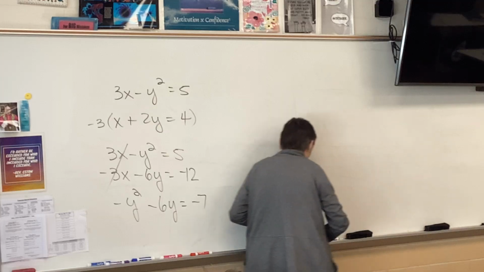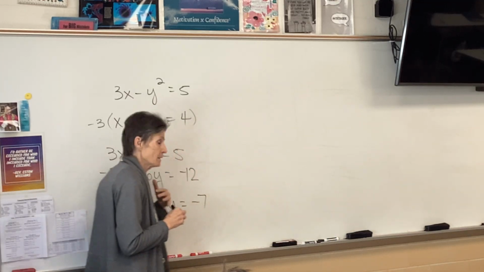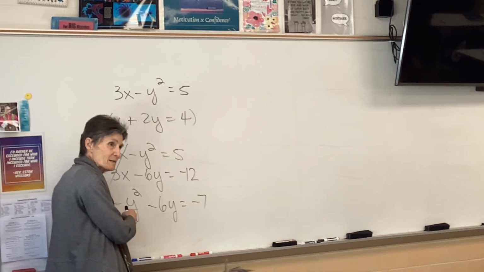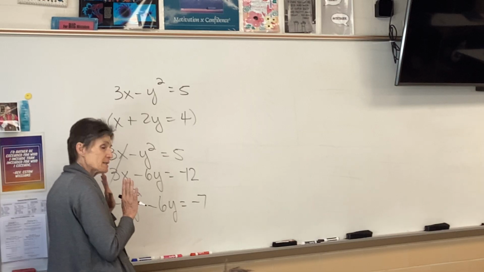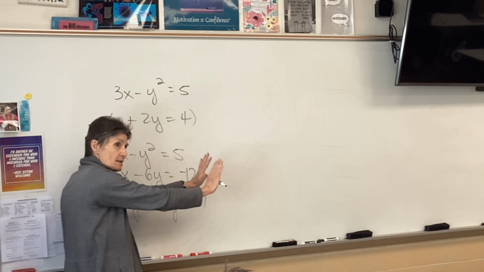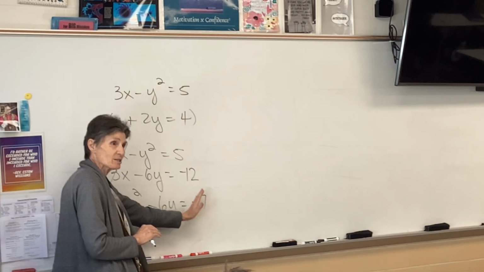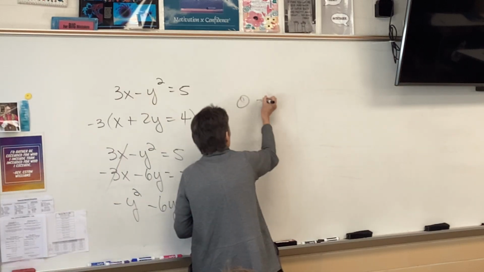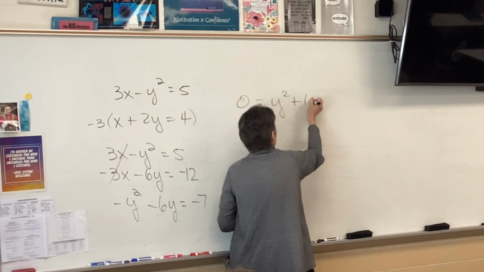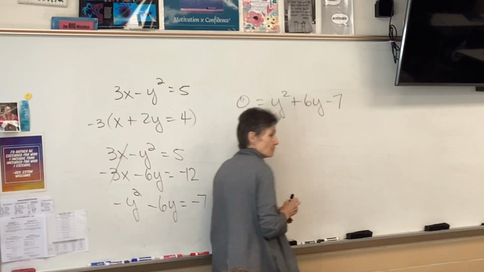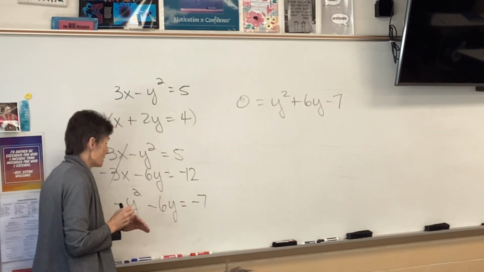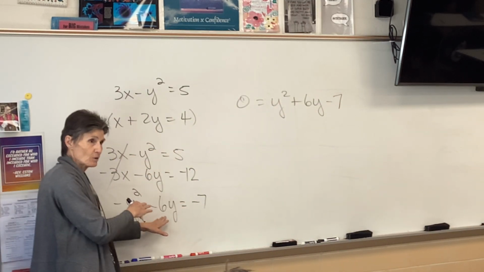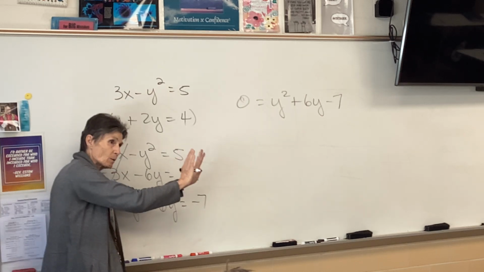Now, I don't like that to be negative. So I'm gonna move everything over to the other side. So I'm gonna add y squared, add 6y. So instead of adding 7 here, I move everything that way.